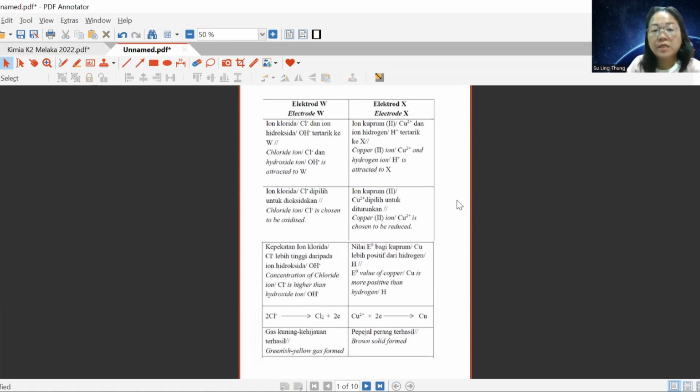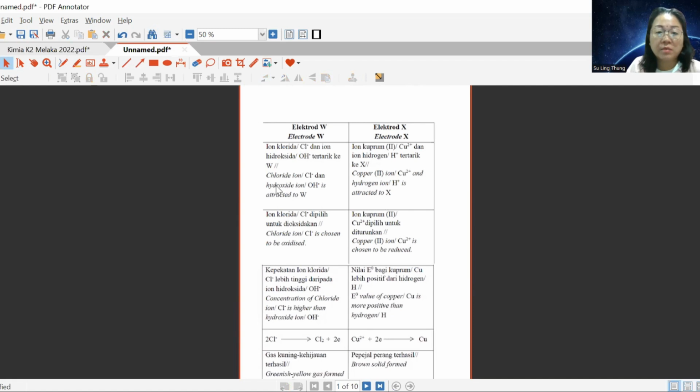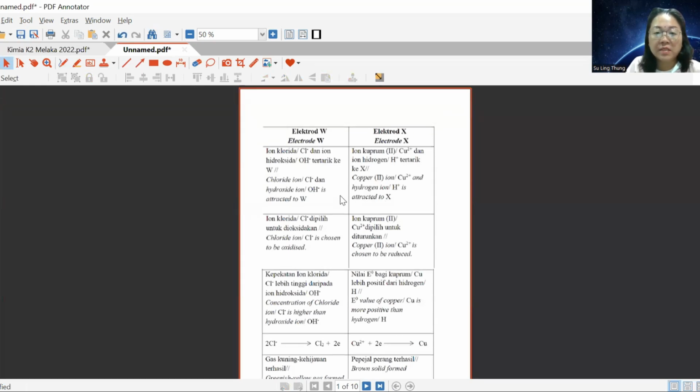Firstly, in electrode W, hydroxide and chloride ions will be the ones attracted to W. In X, we will find copper 2 ions and also hydrogen ions attracted to X. Each of these carries 1 mark.